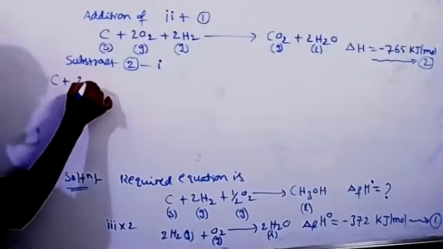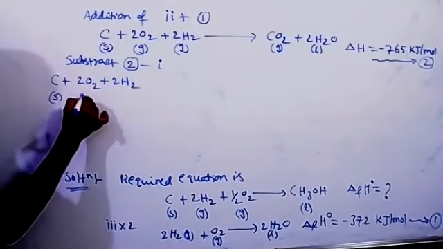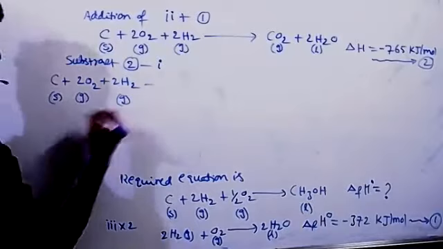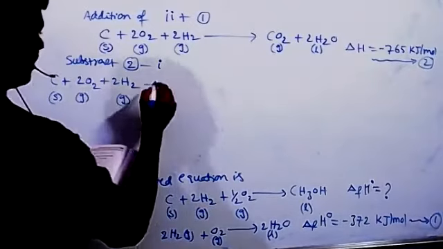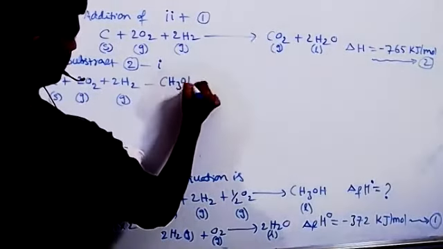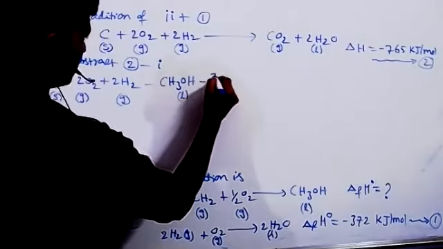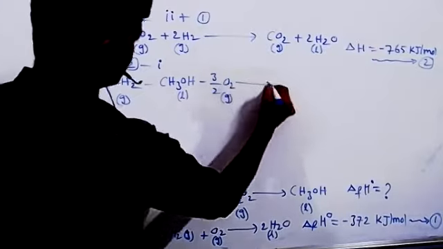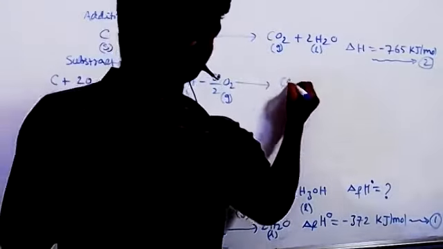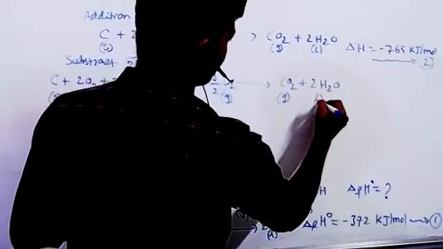C plus 2O2 plus 2H2, solid and gas, gives CH3OH, this is liquid. Minus 3 by 2 O2 gas gives rise to CO2 plus 2H2O, CO2 is gas, this is liquid.